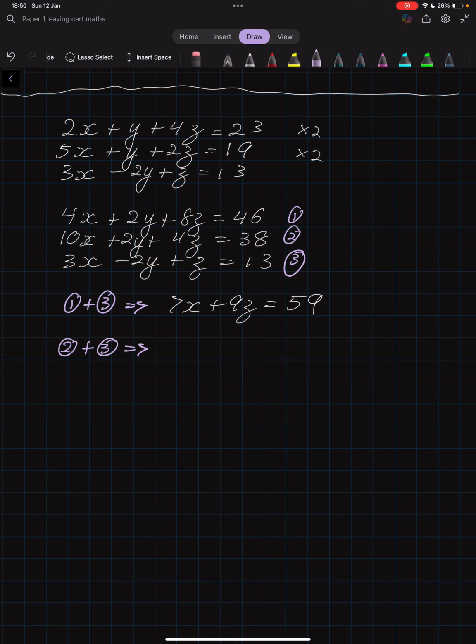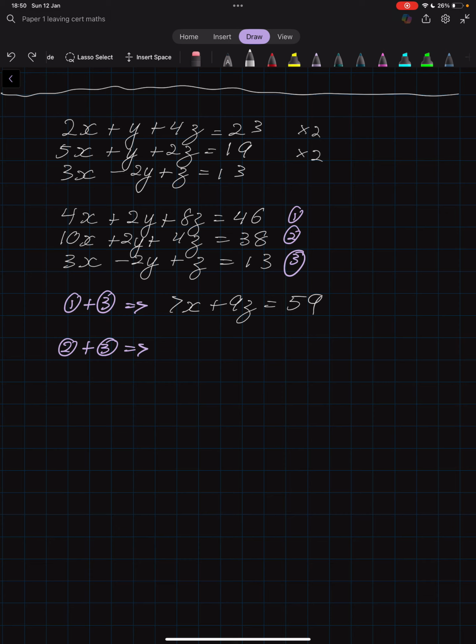Now that I'm getting rid of one variable, I still have 2 variables, x and z. That's why I'm doing this a second time, to get a second equation, so I have sufficient information to determine what x and z are.